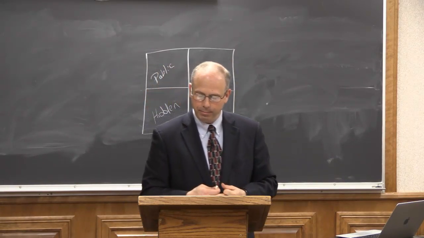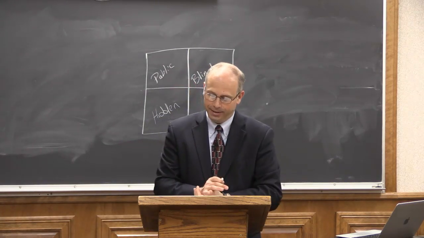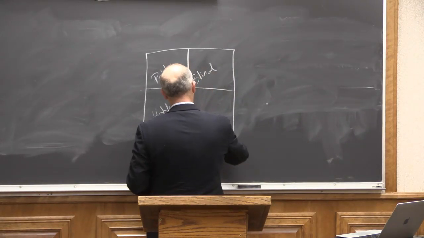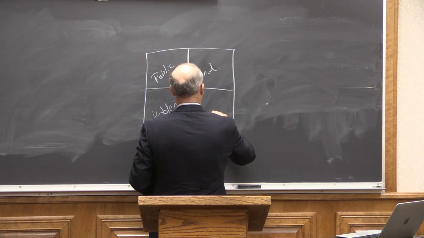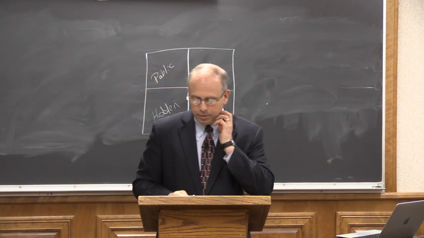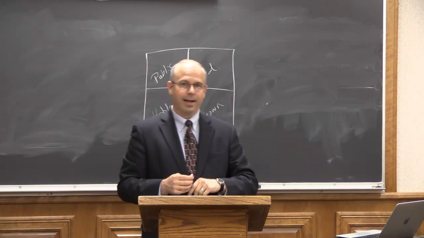So it's information about myself that I know, but others don't know. And we all have that area. And then there's the unknown area. The unknown area is information about yourself that you don't know and no one else knows.